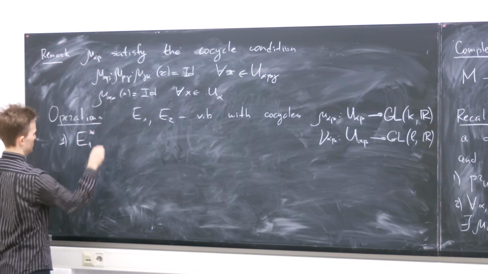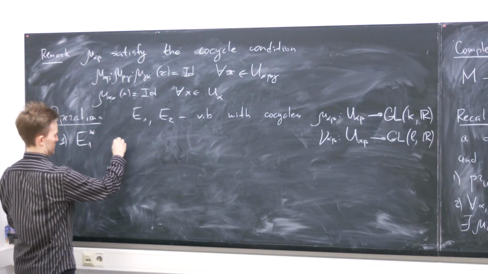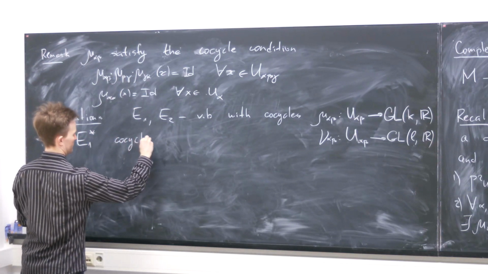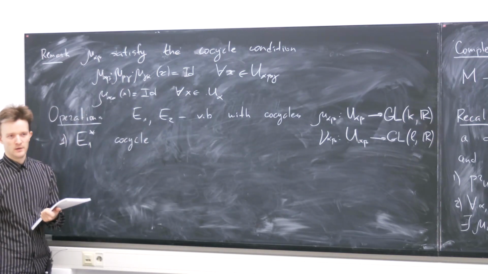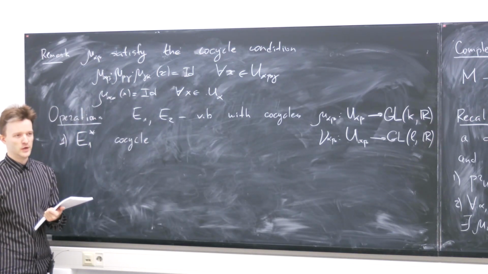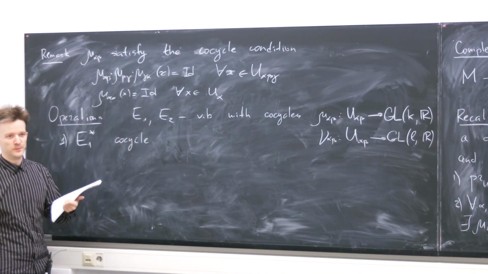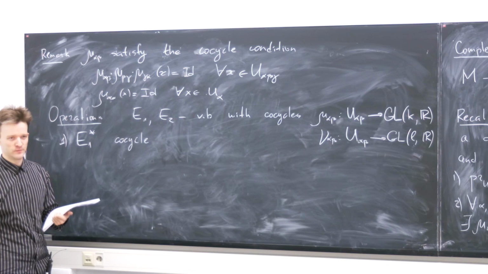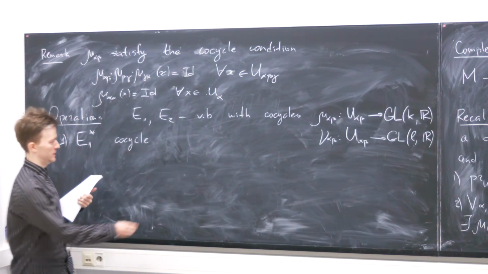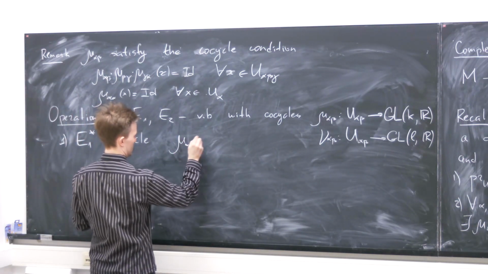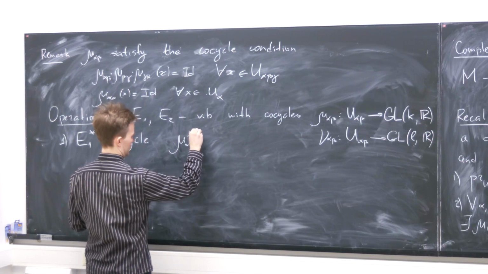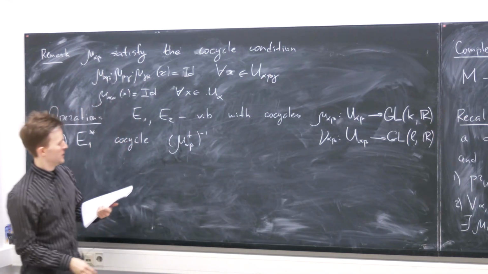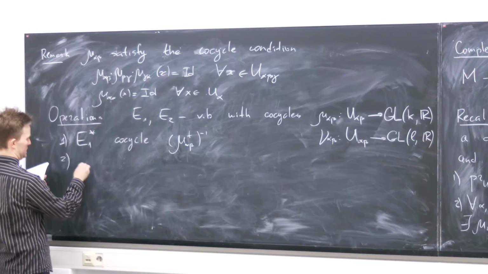So this is the dual. So how to define the co-cycle for the dual? Inverse of transpose? Yeah, right. So this will be mu alpha beta inverse of transpose. So then the direct sum.